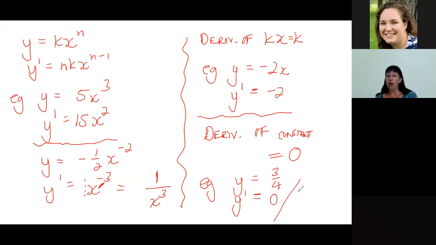And alongside that, if you had y equals pi, pi is a constant, so the derivative of pi is 0. So these are the rules: 3 rules, the 2 subsidiaries and the original one. The third one is the general one, and you should learn them as 3 separate rules.